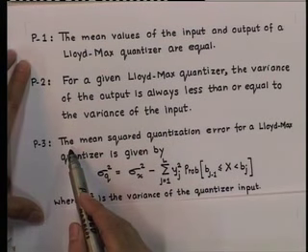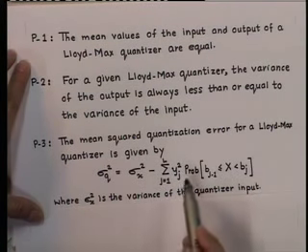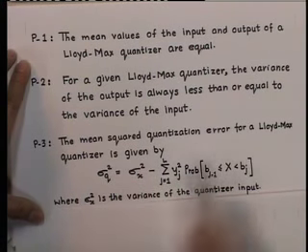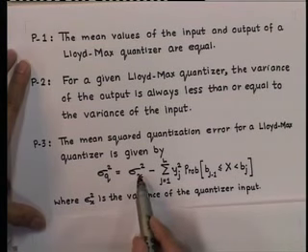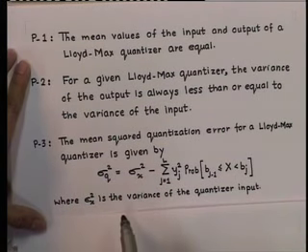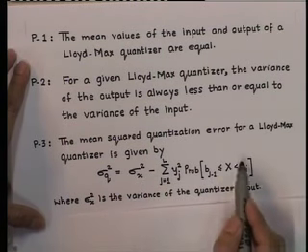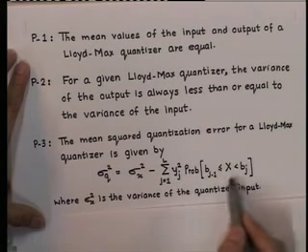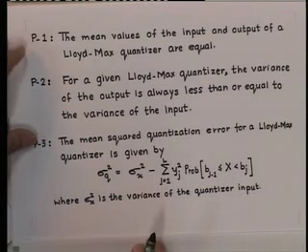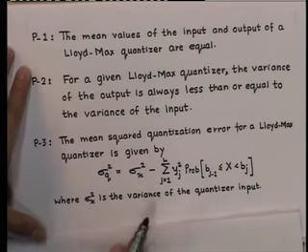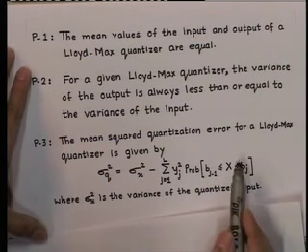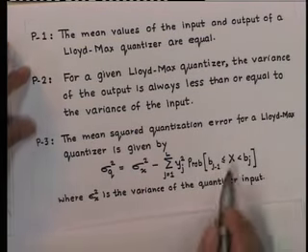The third property says that the mean squared quantization error for a Lloyd max quantizer is given by the following expression, where the first term, sigma x squared, is the variance of the quantizer input, and the second term is the second moment of the output. So, if the input has 0 mean, then this is the variance of the output.